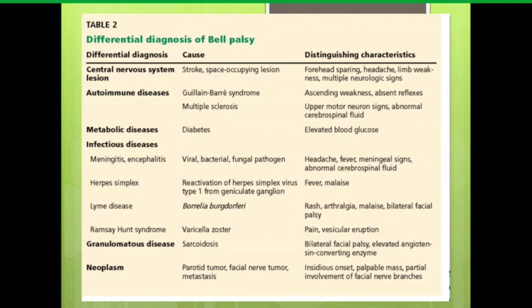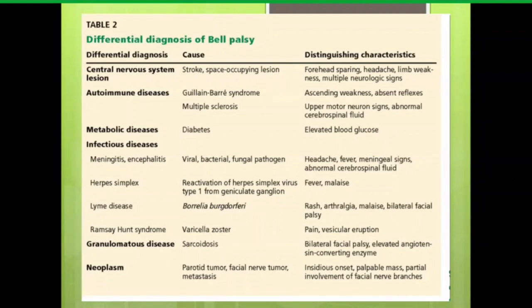Metabolic disorder, which most of the time we neglect, is diabetes, where increased blood glucose is there, but the patient lands in facial paralysis. Most of the times we cannot directly correlate this cause with the manifestation of this palsy, but having said that, it is one of the very important causative factors.